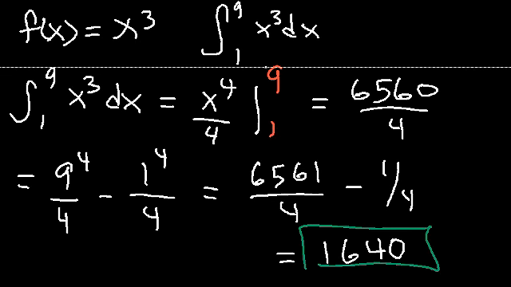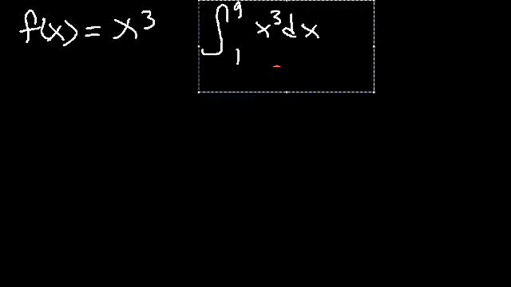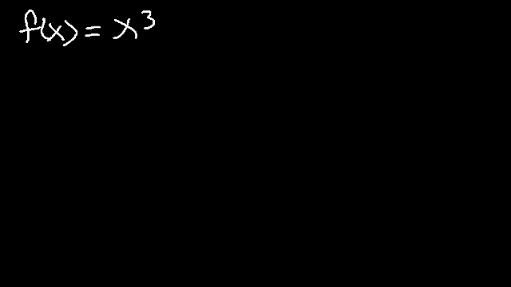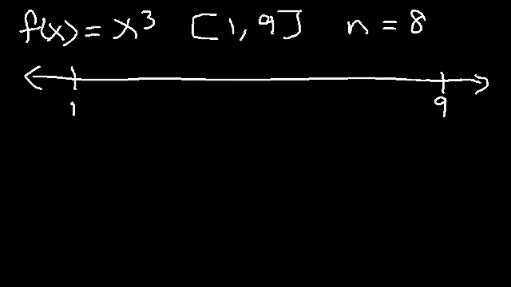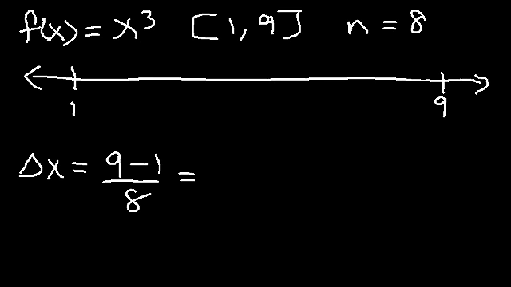So let's start with the midpoint rule in the interval 1 to 9. And this time, let's use 8 rectangles instead of 4, so we can get a better approximation of our answer. So let's begin by drawing a number line, starting from 1 to 9. Delta x is equal to b minus a, 9 minus 1 divided by 8, which is 8 over 8, that's 1.